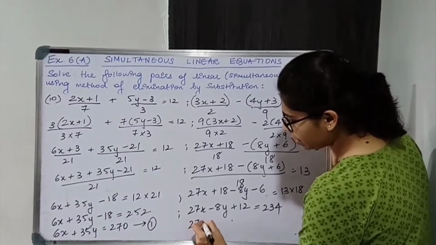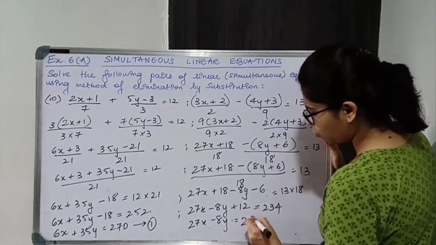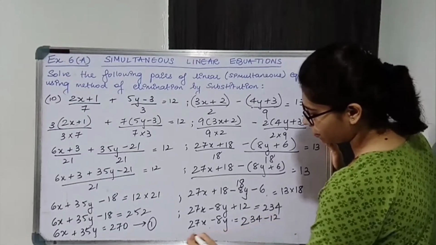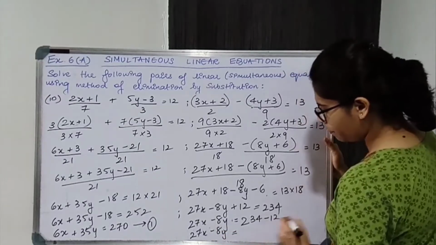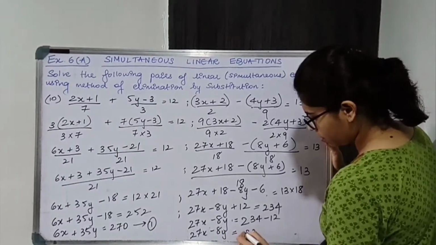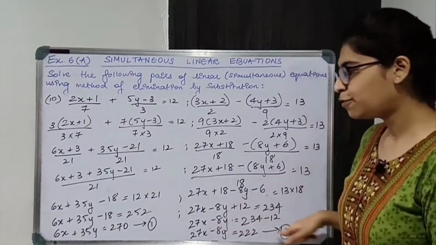So 27x minus 8y, shifting 12 on the other side, 234 minus 12, so 27x minus 8y is equal to 222. We got it in normal form.